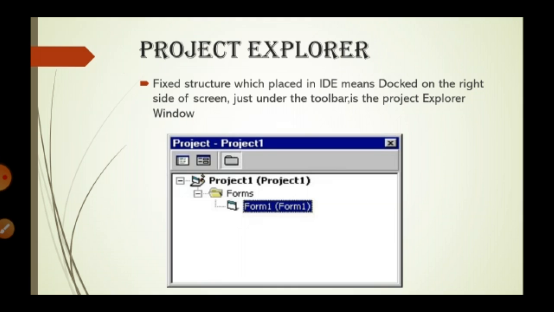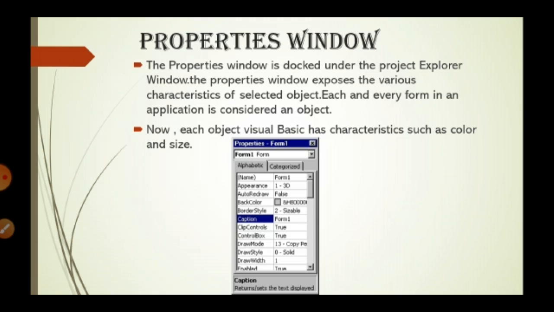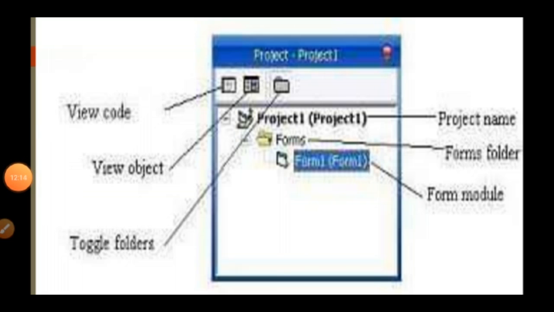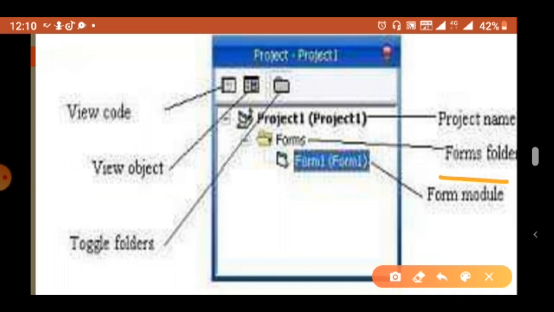Now next is project explorer window. The project explorer window is on the right side of the screen of Visual Basic 6.0. It means the fixed structure which is placed in the IDE, docked on the right side of the screen just under the toolbar. The project explorer window consists of view code, view object, toggle folder, project name, form, form folder, form module.